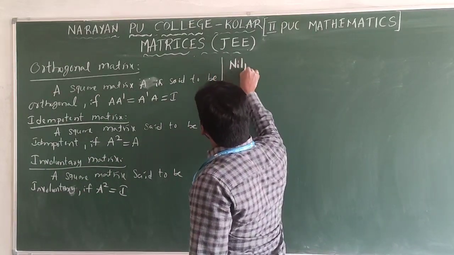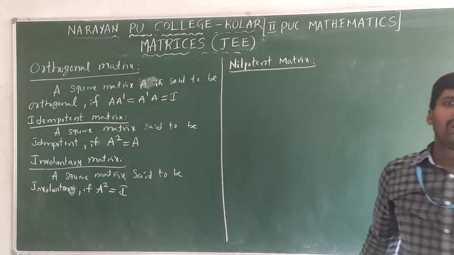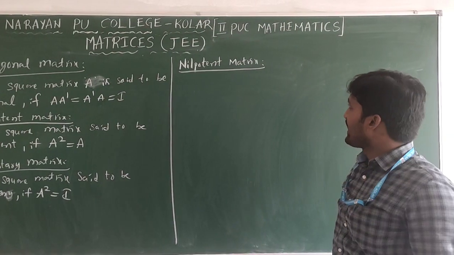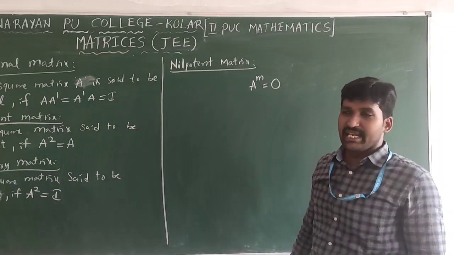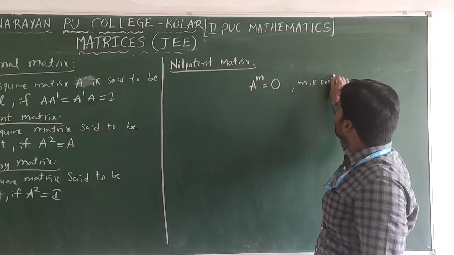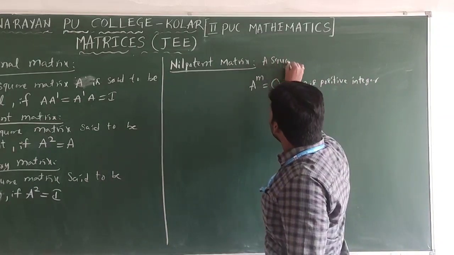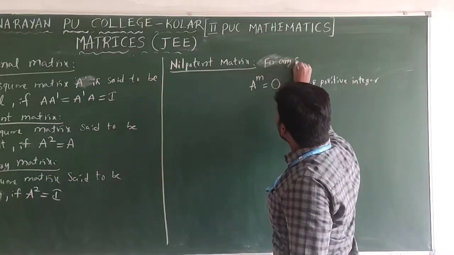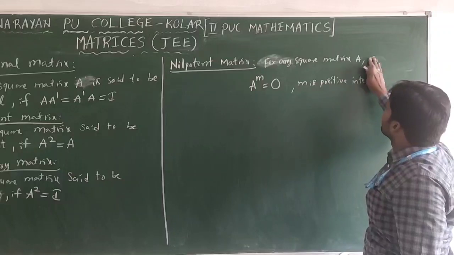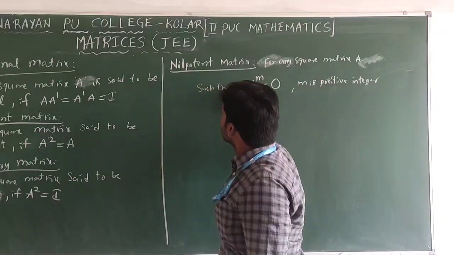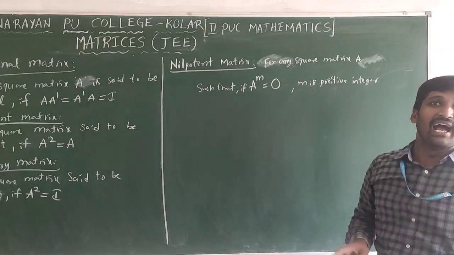Next, nilpotent matrix. If A is any square matrix and m is a positive integer, then if this condition is satisfied, A power m equals the null matrix, where m is a positive integer, then this A is called a nilpotent matrix.